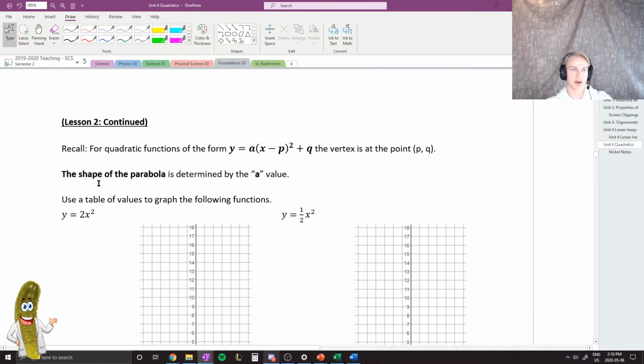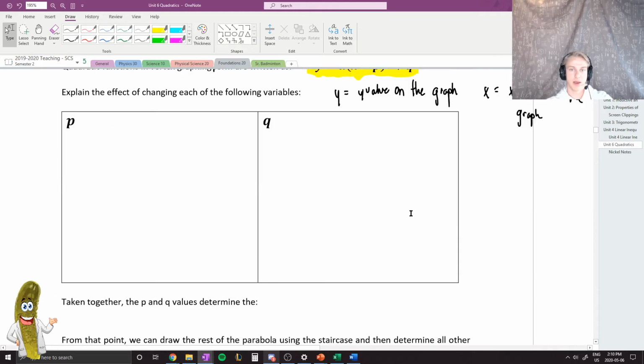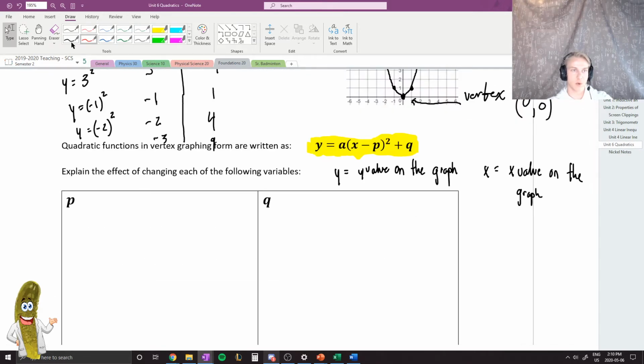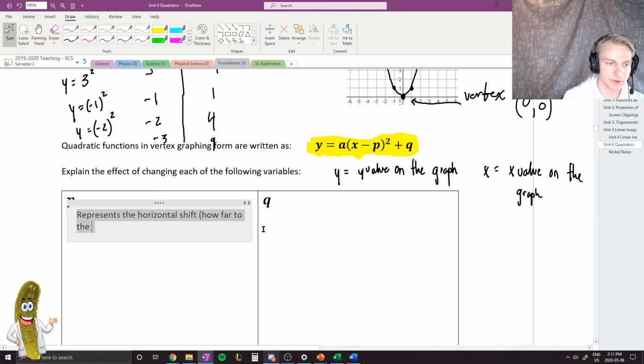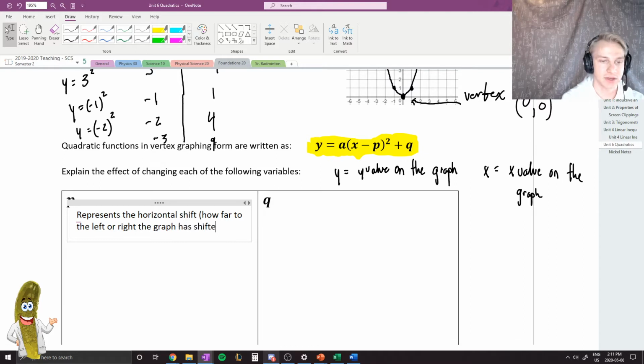As you can see here, a will determine the shape of the parabola. But for us today, let's define what P and Q actually are. So what P does is it represents the horizontal shift, and that is how far to the left or right the graph has shifted from x is equal to 0.